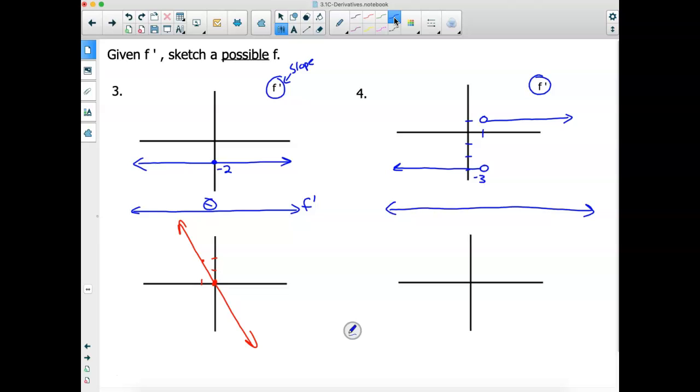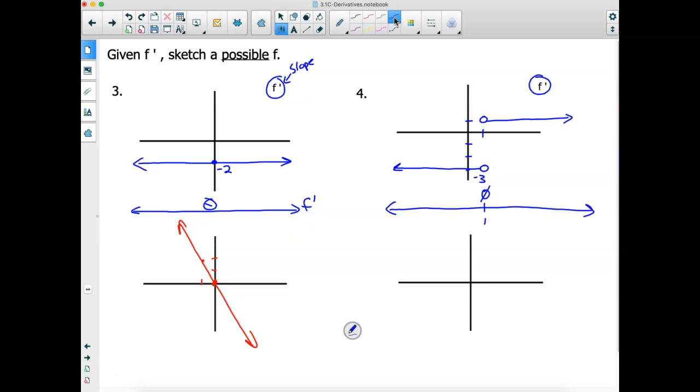Do I have any flattenings on f in number 4? There are no flattenings, are there? However, here at 1, I do have a derivative that does not exist. And the only way the derivative doesn't exist is one of 2 ways: if f was not continuous, or if I had a sharp point somewhere on f where my left and right derivatives didn't match.